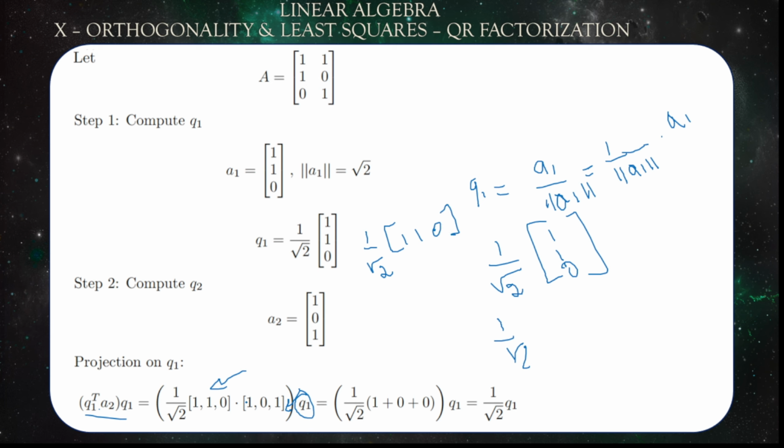This is multiplied by A2, which is the vector 1, 0, 1.